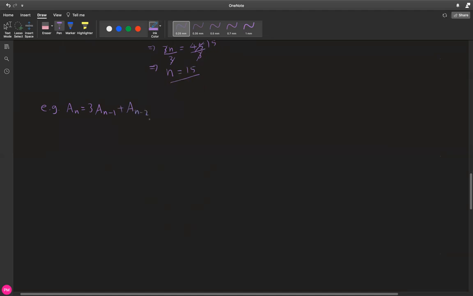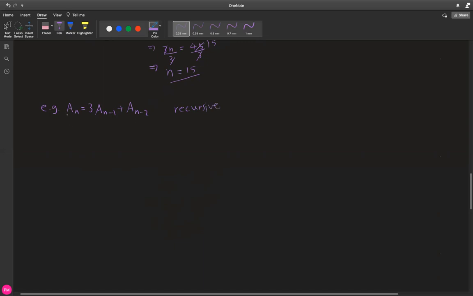So why is this a recursive formula? What makes this formula recursive but not explicit? This is a recursive formula because each term of the sequence is determined by the previous term.